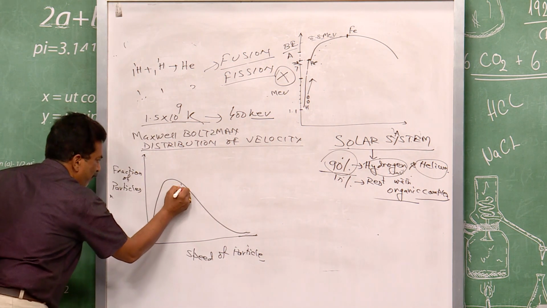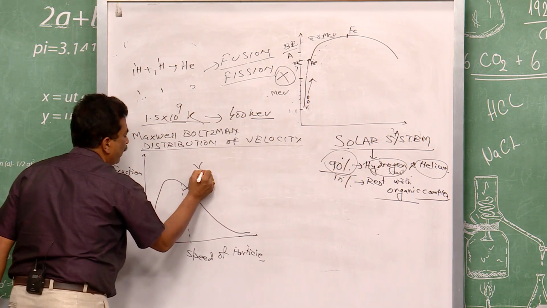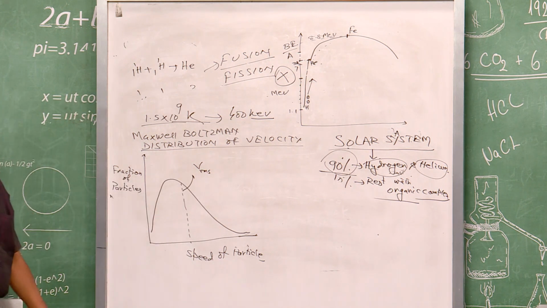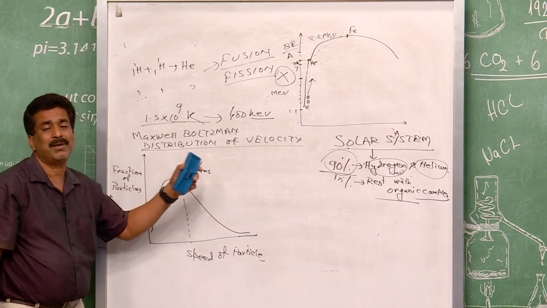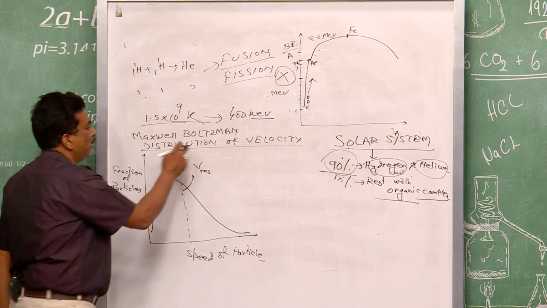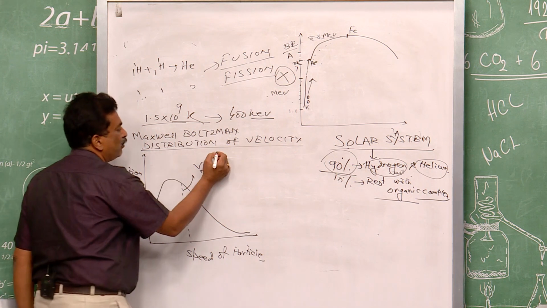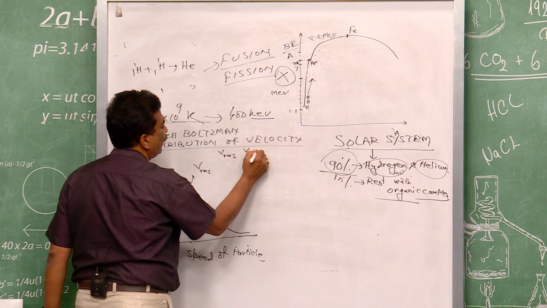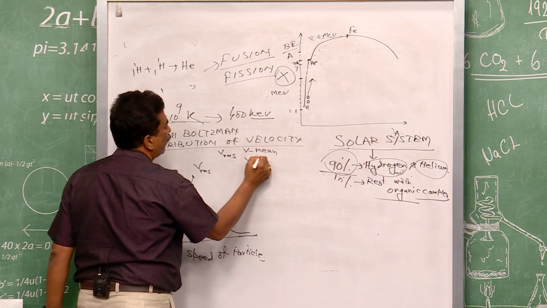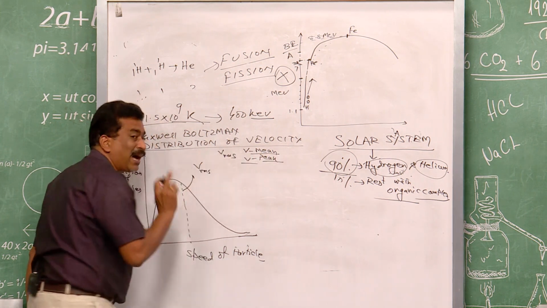This is its V RMS. What is RMS? Is it Railway Mail Service? No. That is the root mean square velocity. In chemistry, for the kinetic theory of gases, you know the V RMS, the mean value, and the peak value, meaning the peak velocity, the mean velocity, and the RMS velocity.